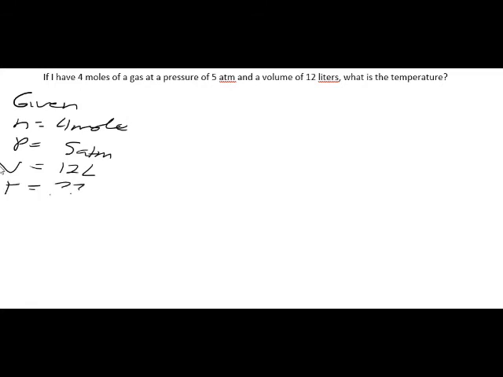But first, let's set up the given. The given is 4 moles. Pressure is 5 atm. The volume is 12 liters. Temperature is missing. So the formula for the ideal gas law is PV equals nRT. R is constant.